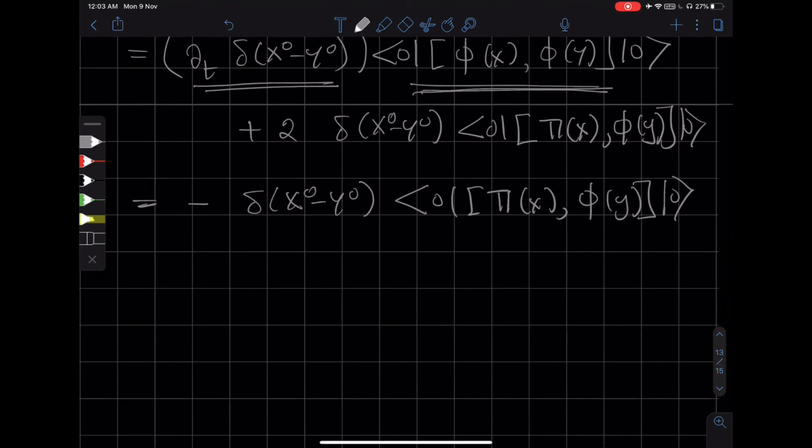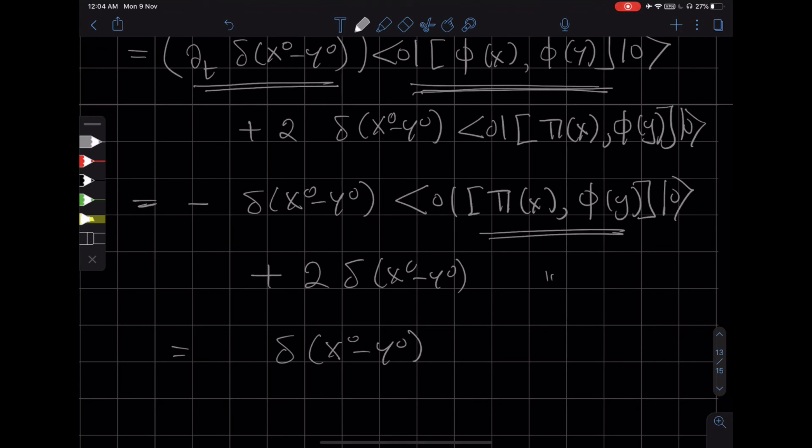And so we get basically the same kind of term in both terms. If I simplify it, I get a delta of x0 minus y0. And then what do I get? Here I get the commutation relationship, but it's not equal time.